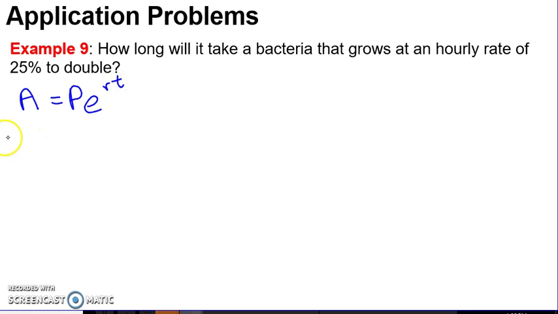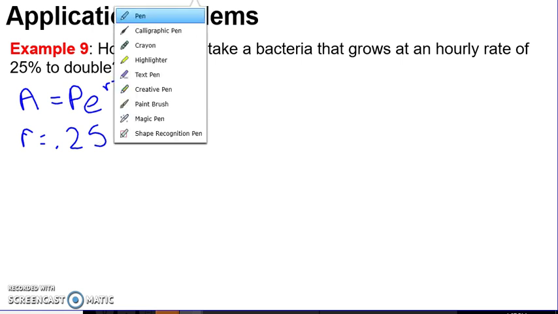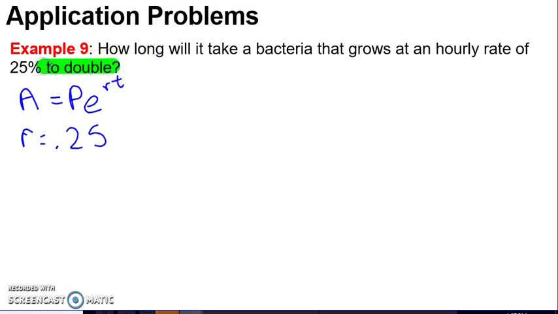I like to list out exactly what I know and what I need to find. The rate is 0.25. I don't know my time, because it just says that it grows at an hourly rate. But I do know some information about it doubling.